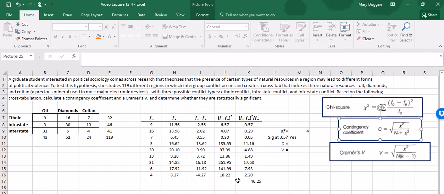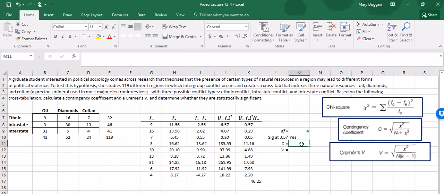So let's plug the numbers into this formula. You could break down the formula into steps, but I'm going to live on the edge and do it all at once. Square root of the chi-square over, with the denominator in parentheses, our n of 119 plus our chi-square.